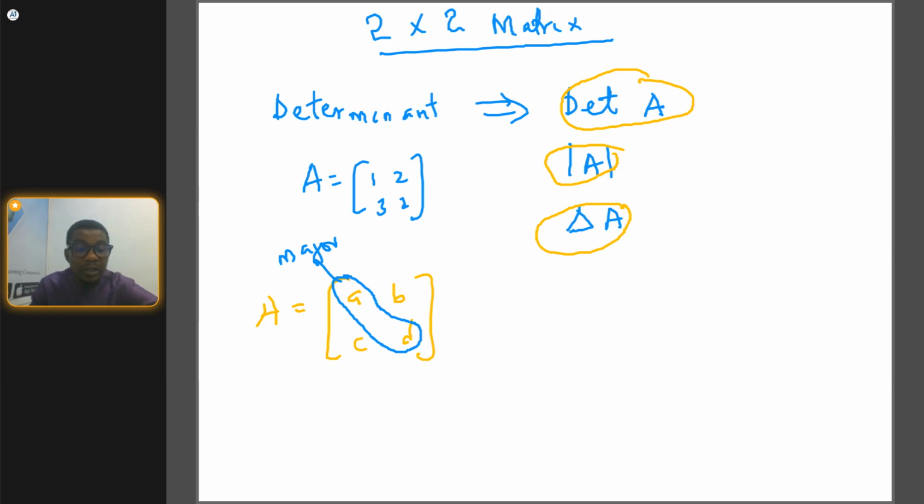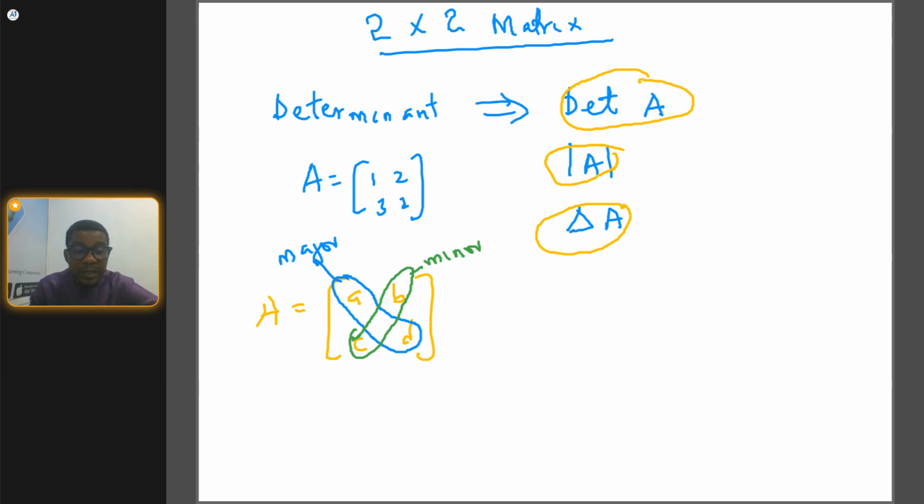While the other one is called the minor diagonal. So we have the major diagonal and the minor diagonal, and those two are going to be used to solve for the determinant of a 2 by 2 matrix.